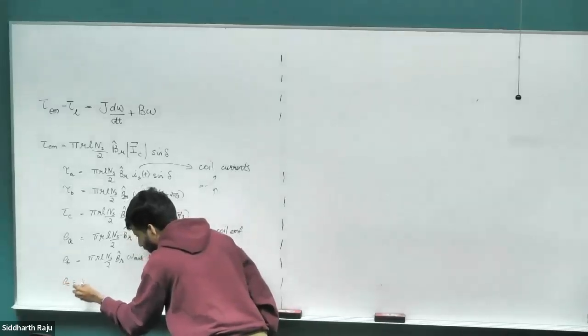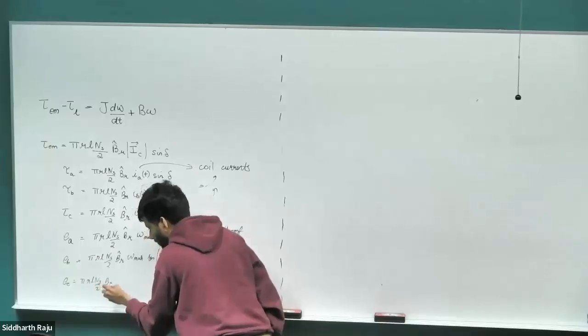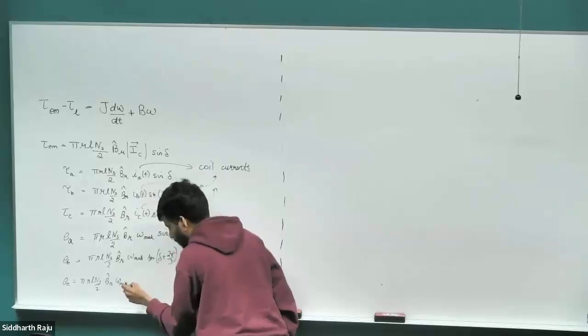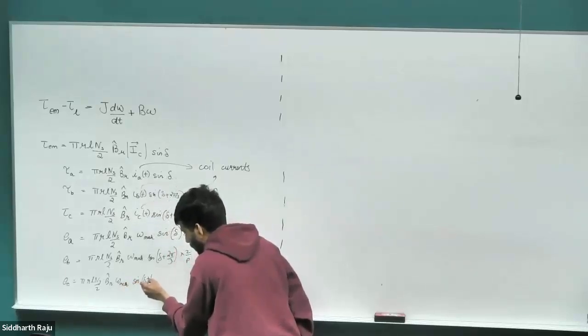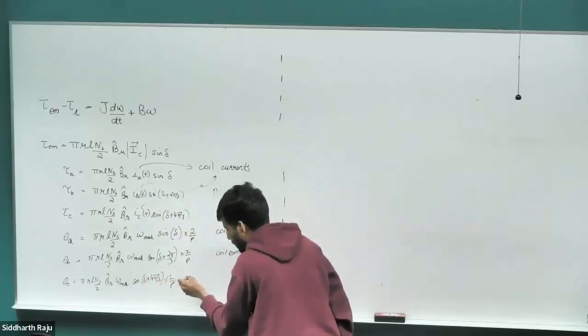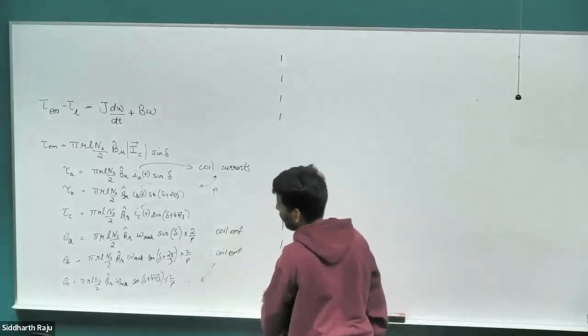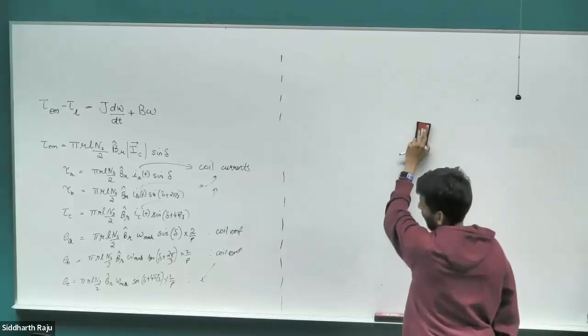EC is again same thing, pi RL NS by 2 BR's magnitude omega mechanical, not electrical frequency, sine of delta plus 4 pi by 3 times 2 by p, which is the inverse pole pair, same coil EMF. So we have 3 EMF, 3 torques. I think we have everything in place.